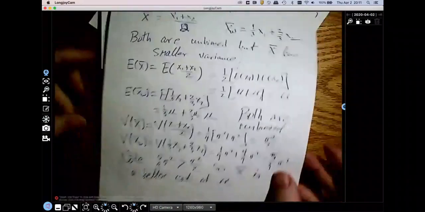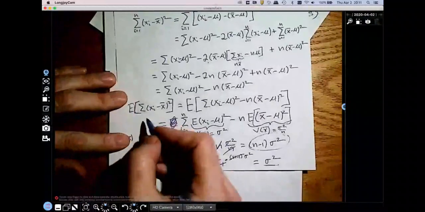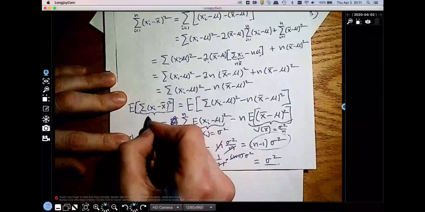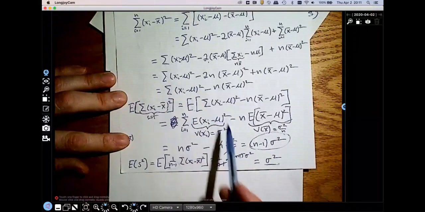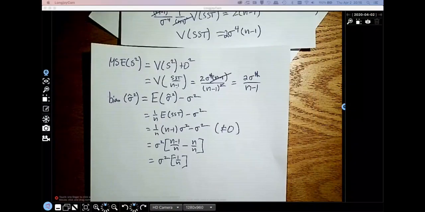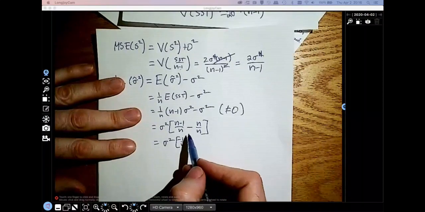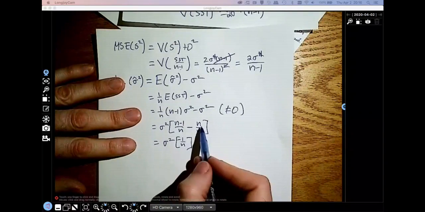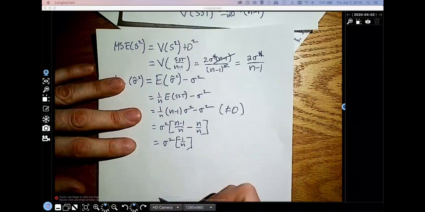Well, we have to go back to the result that we proved in the previous video. This is SST, and what we showed was this is just n minus 1 sigma squared. So when we find our common denominator, the n's go away and we're just left with minus 1 over n times sigma squared.